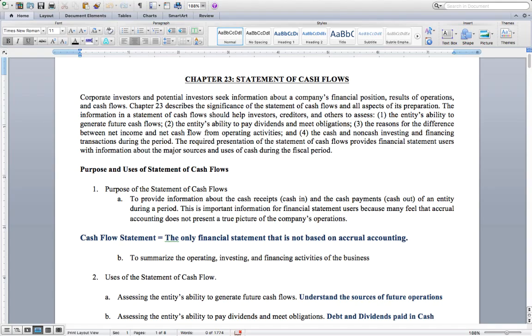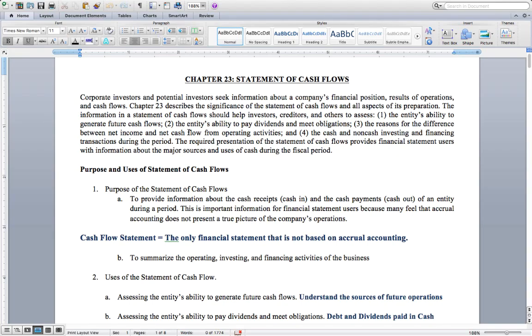The cash flow statement is very important for investors, creditors, and other users of the financials, as it provides them the ability to understand the company's ability to generate future cash flows, their ability to meet and pay dividends and obligations, the reason why the company's net income does not equal the net cash flow from the company, and the cash and non-cash investing and financing transactions during the period.